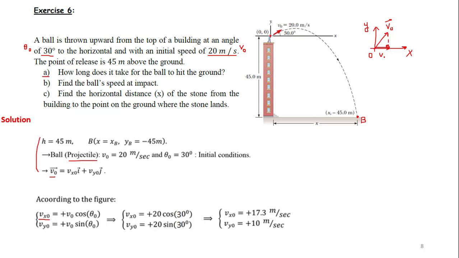We have to use cosine here. So cosine theta is equal to Vx over V0. This means that Vx or Vx0 is equal to V0 times cosine this angle. This angle is called theta or theta 0.